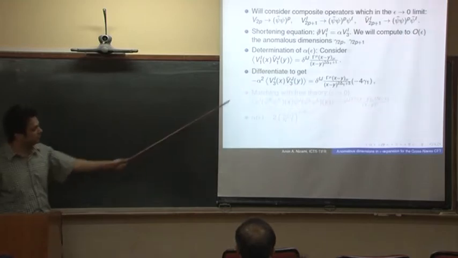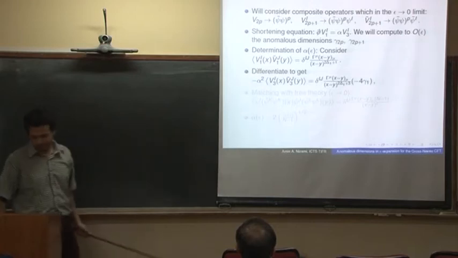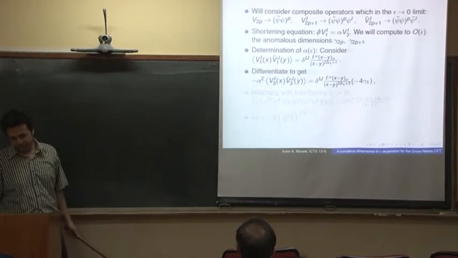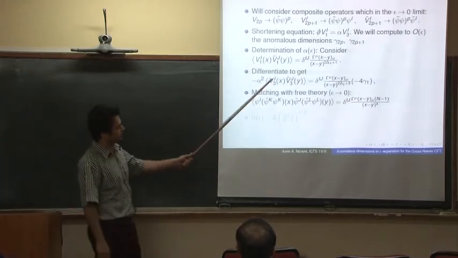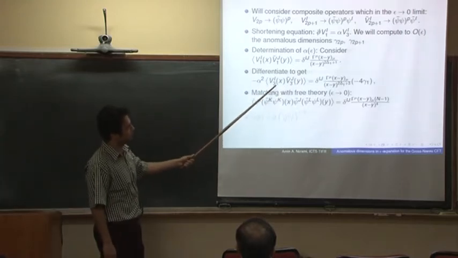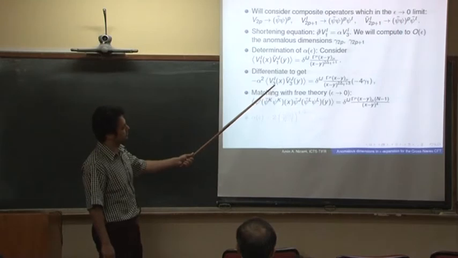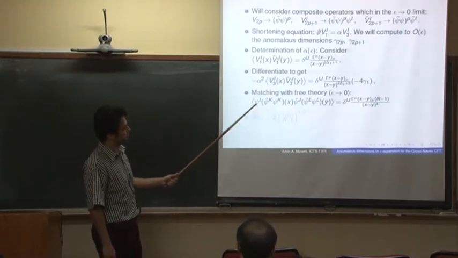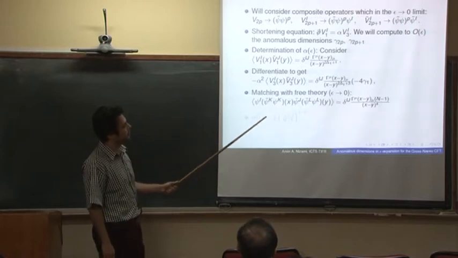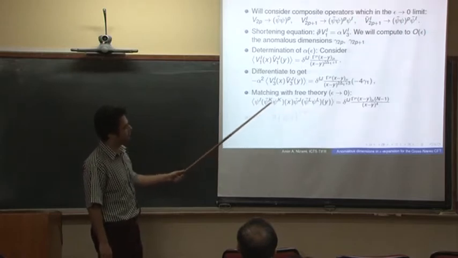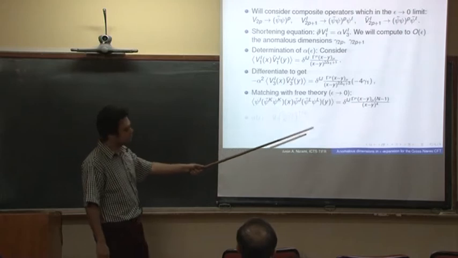So you differentiate both sides by acting with del slash, and now you want matching with the free theory. Remember, this thing in the free theory is just this quantity, psi bar psi at x, and there is a free theory correlation function. You can just do Wick contractions, compute it.